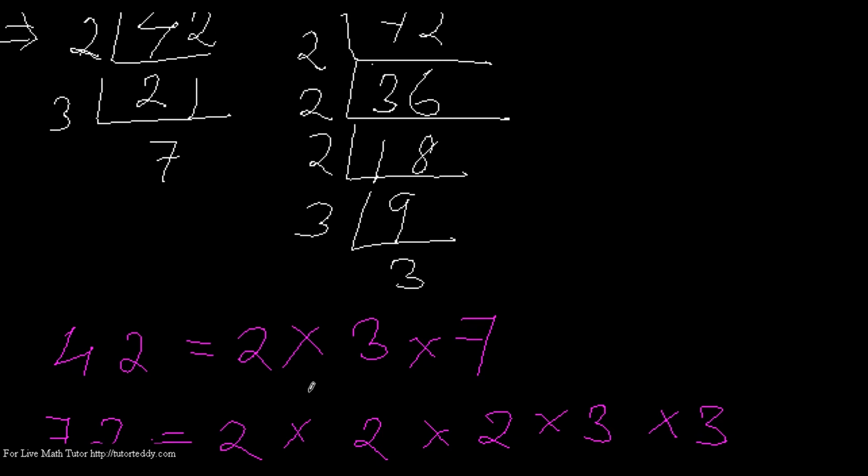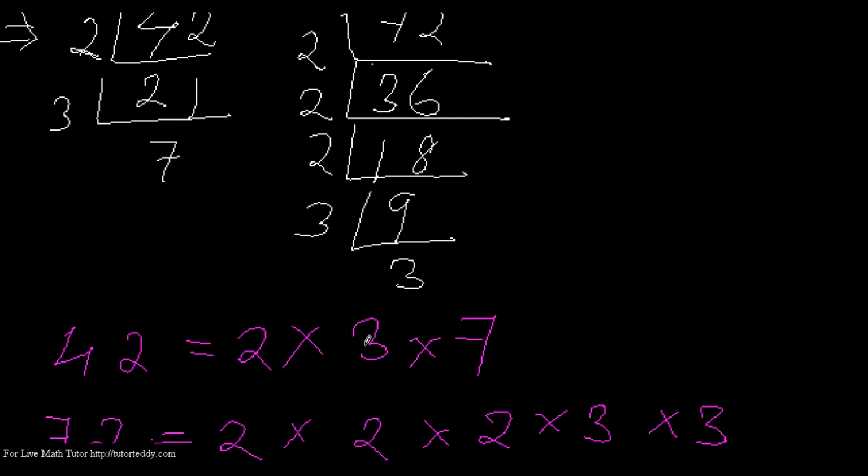What I should look at here is that the LCM must contain every prime factor of each of the numbers, and each of these factors must occur at least as often in the LCM as it occurs in either of the numbers themselves.